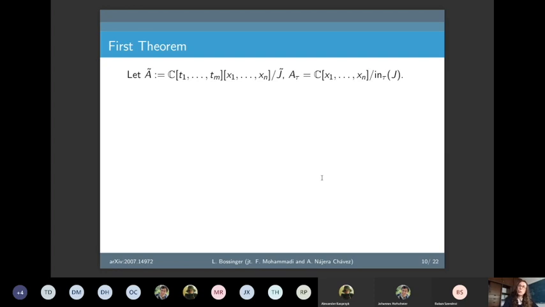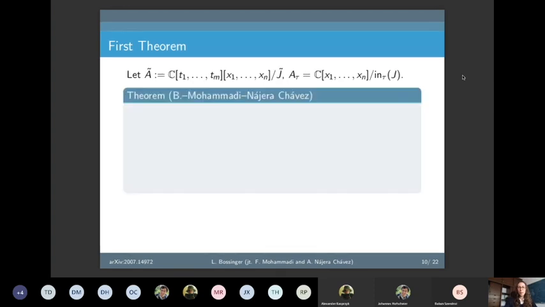Let's now denote by A tilde the quotient of the polynomial ring in X's with coefficients that are polynomials in T's by the lifted ideal. And as before, A tau denotes the quotient of the polynomial ring in X's by the initial ideal with respect to the cone tau. And then here's the result.